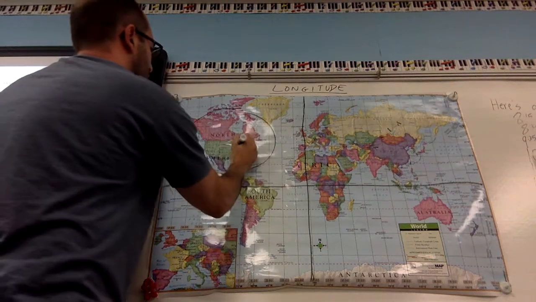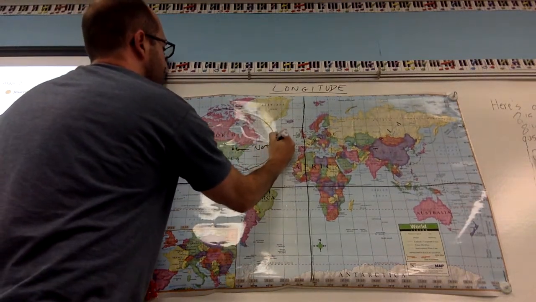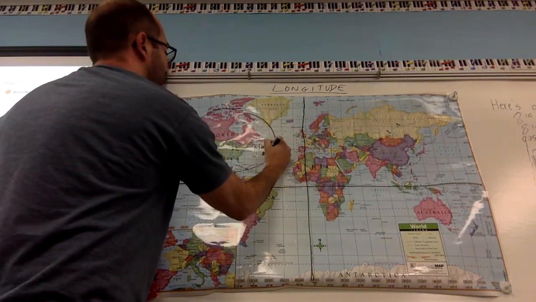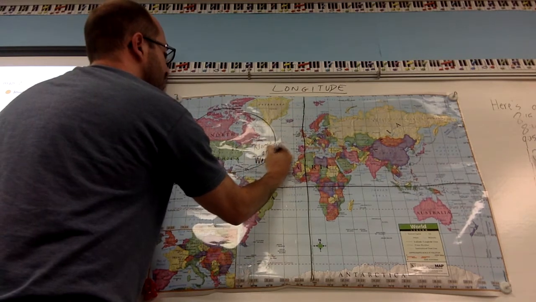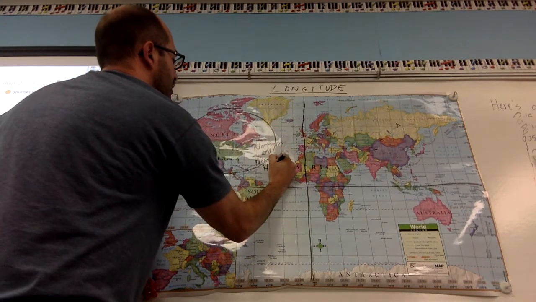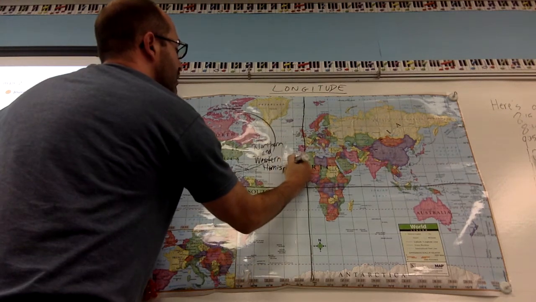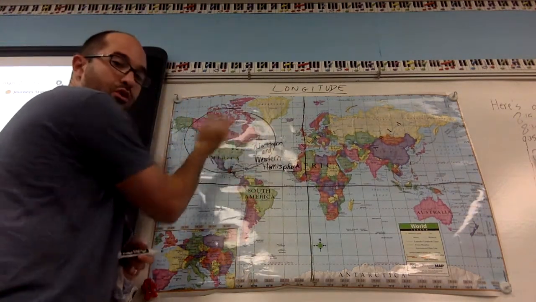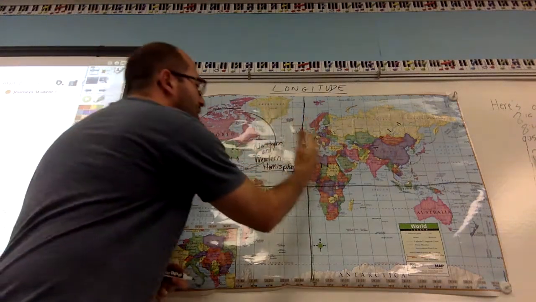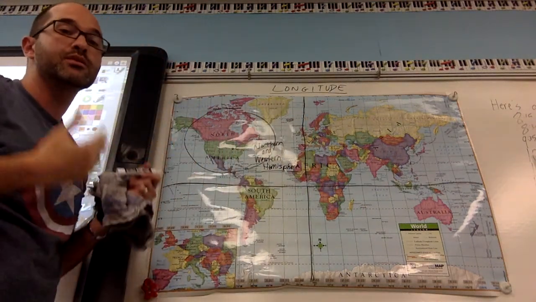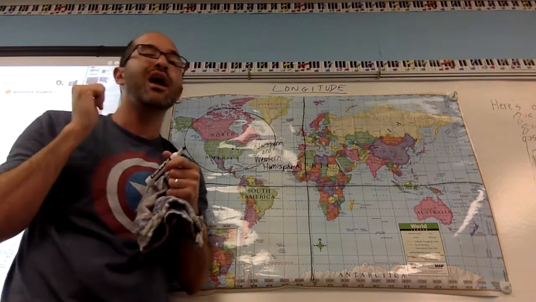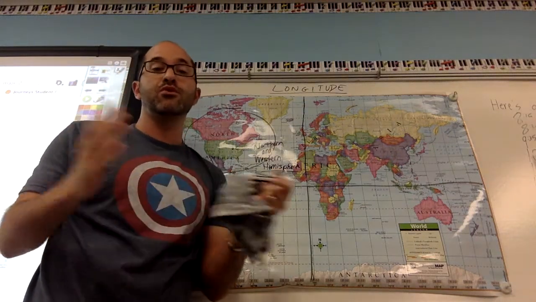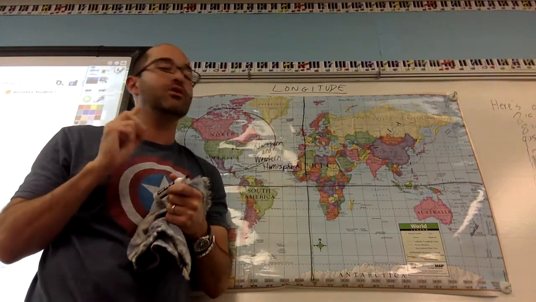So we are located in the northern hemisphere and also the western hemisphere. We're in two hemispheres. We're north of the equator, so we're in the northern hemisphere. We're west of the prime meridian, so we're in the western hemisphere too.